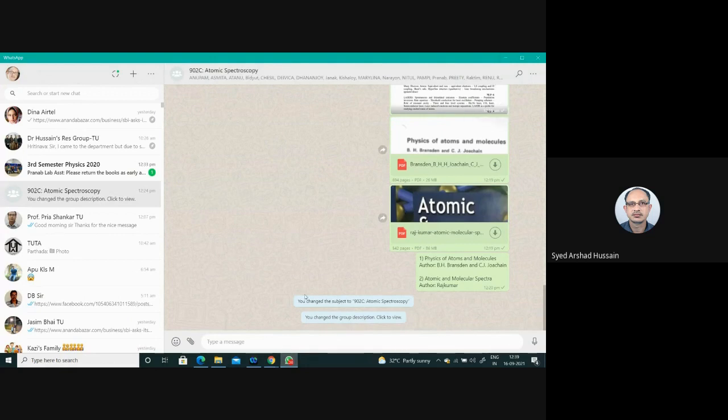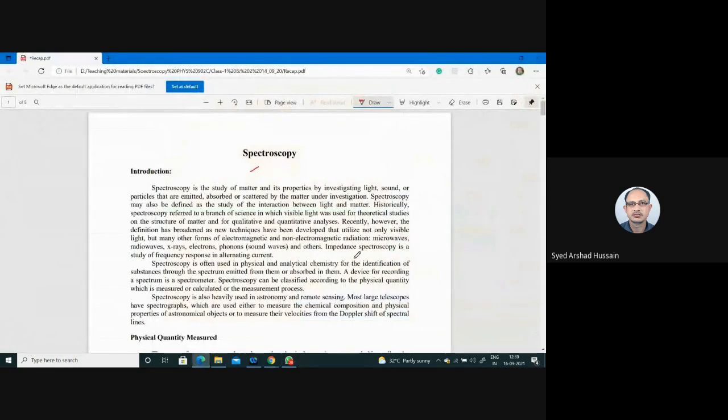I have shared the PDF of both books, so please download them. Both books are also available in our departmental library and main library, so you can collect a hard copy from there if you want.